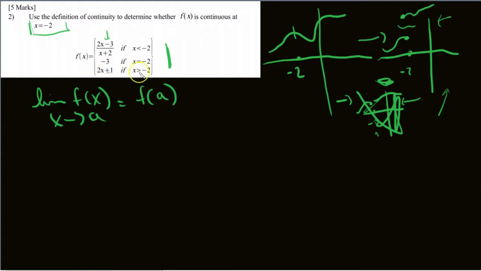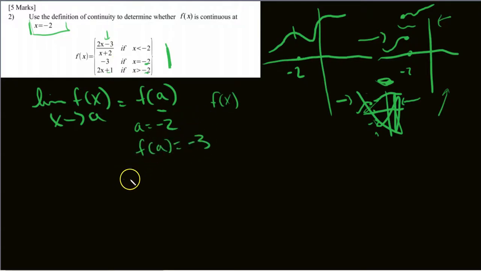And the third function here is for x greater than -2, which means you're approaching the value x equals -2 from the right. So if we can evaluate the limit on each side and see if it matches f of a, because f of -2, a equals -2, f of a equals -3, right?